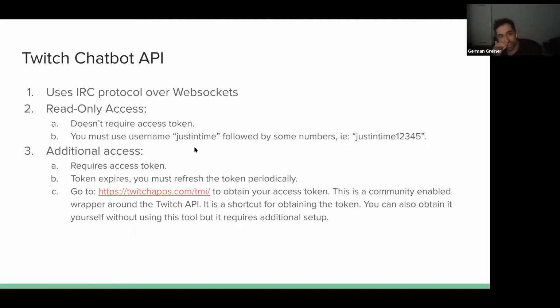So what does a Twitch Chatbot API look like? It's basically an IRC protocol over WebSockets. So what this means is you make a connection to the Twitch API over WebSockets, and WebSockets means that it's a bidirectional connection that stays open. So basically, you can send messages, and Twitch can send messages back to you without closing the connection.